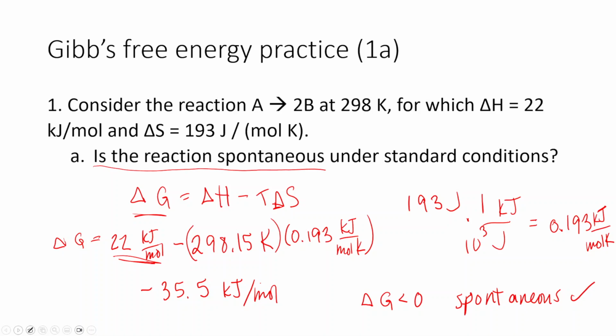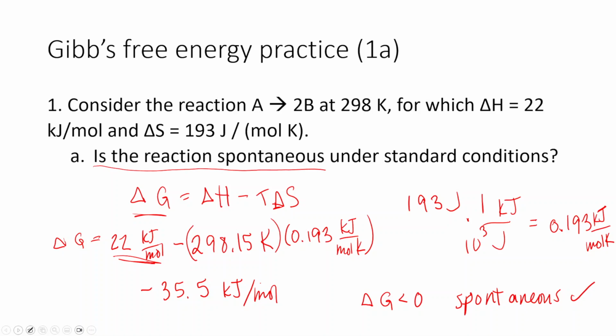Cool. So I guess to follow up with that question, given this reaction, what could you do to make this reaction non-spontaneous? What could you change about it? Yeah. So exactly.